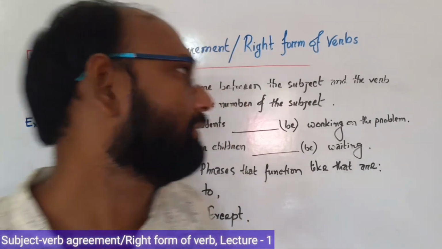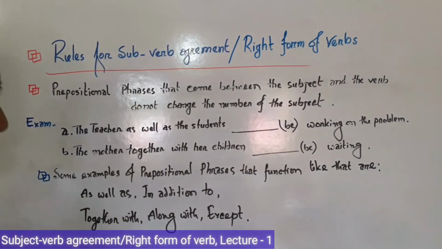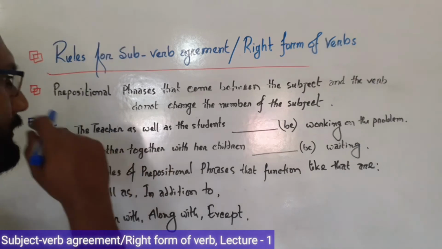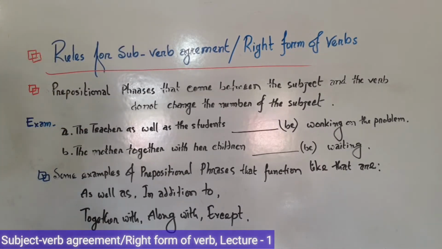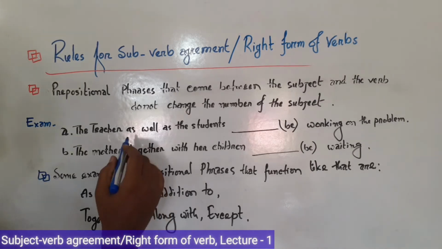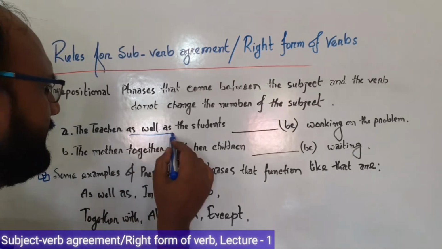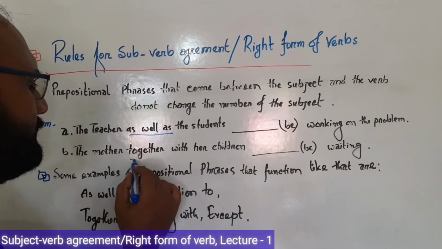Dear students, look at the whiteboard. I have written a rule here. Prepositional phrases that come between the subject and the verb do not change the number of the subject. Here, look at this: as well as, together with.